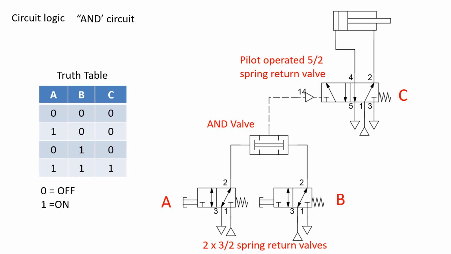I'm going to need a few extra parts. I'm going to need an AND valve. I'm going to need a pilot or air activated 5-port 2-position spring return control valve, and I'm going to need two 3-port 2-position spring return valves.